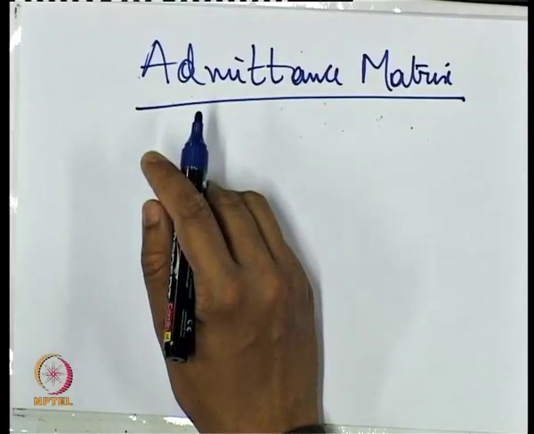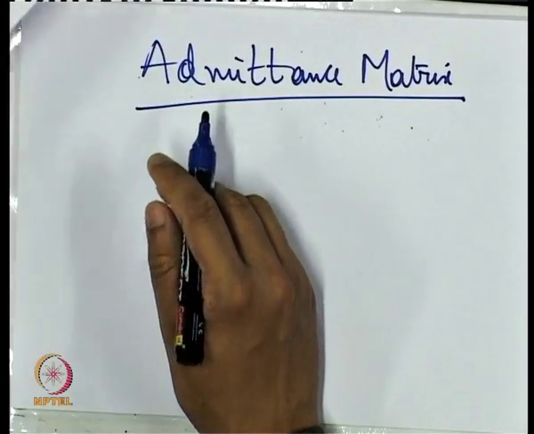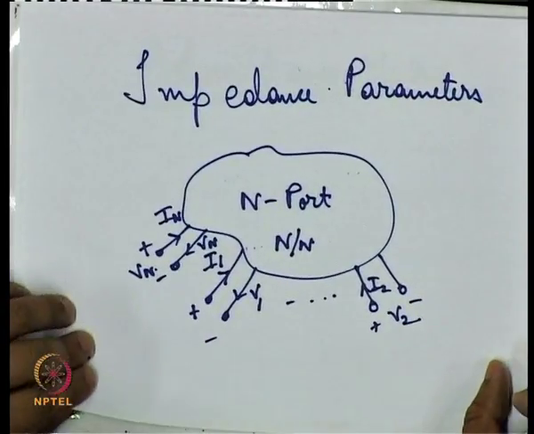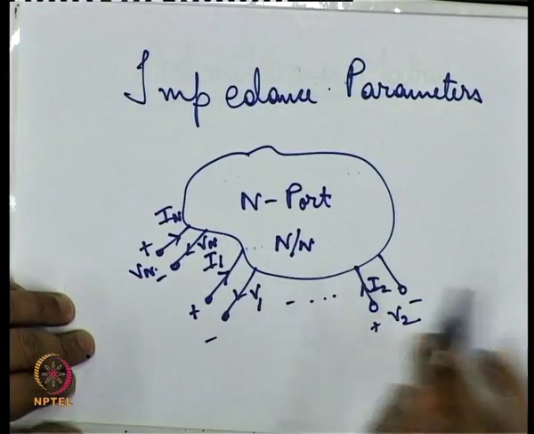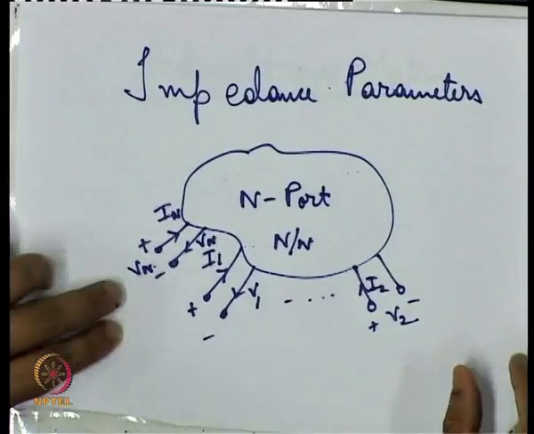So, once again, if we go back to the slide, this is our N-port network with currents and voltages for the various ports as shown.